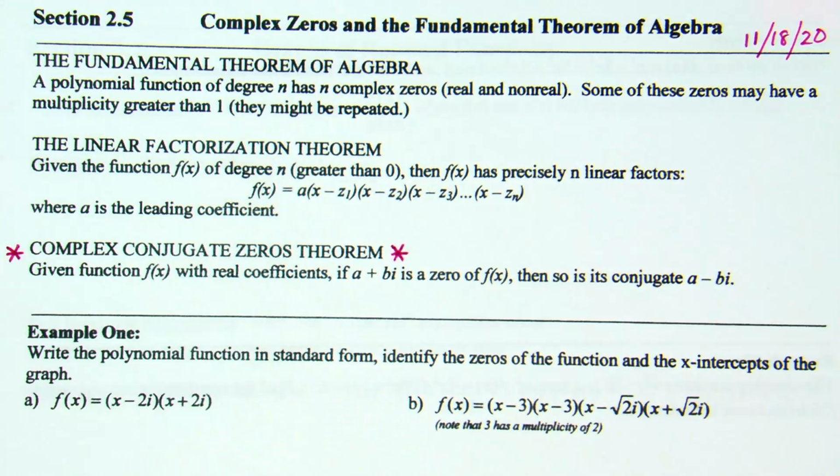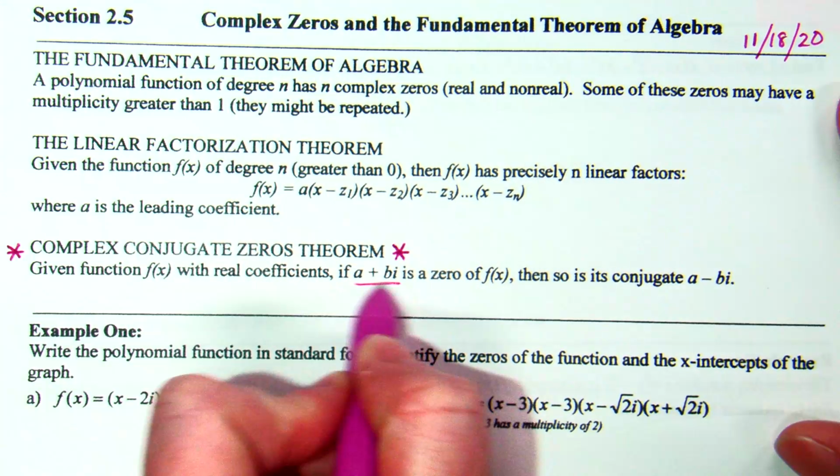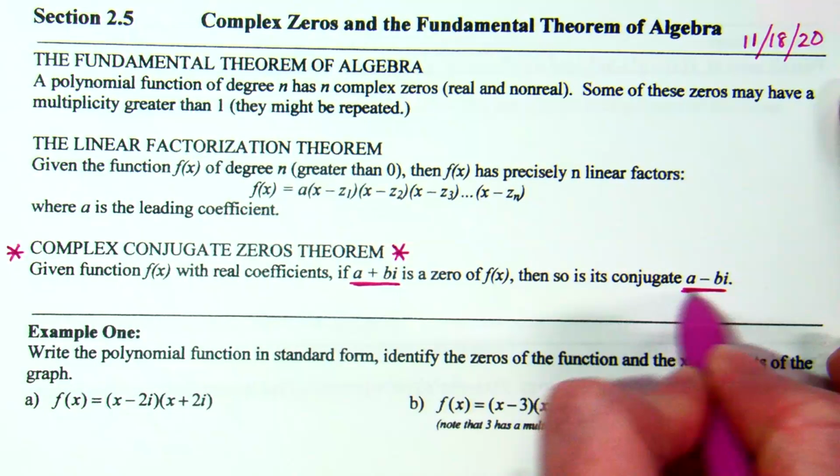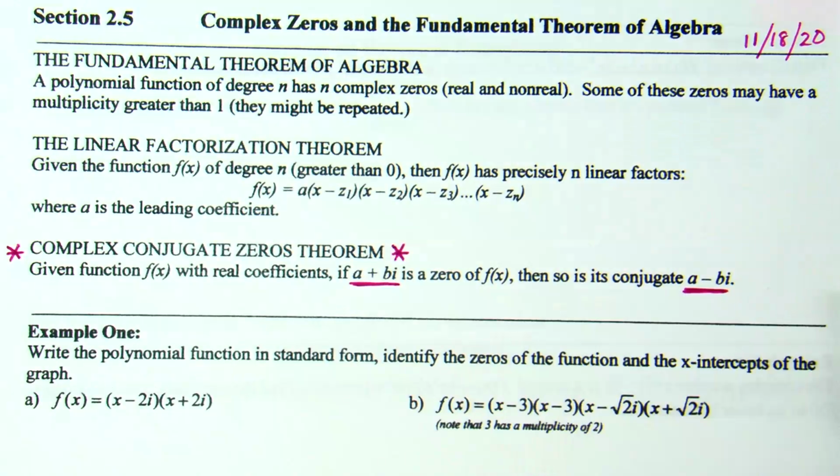Complex conjugate zeros theorem. Given f of x with real coefficients, that just means given a function that looks like a normal function, real numbers in front of it. If a plus bi is a zero of f of x, then so is its conjugate. You guys remember how conjugates work? You flip that middle sign, right?